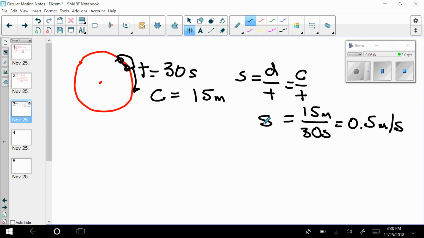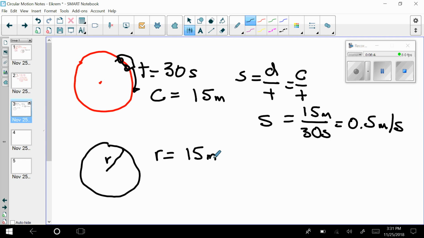Okay. Now, if you know, for example, the radius, I'll give you a second example here. We have a car, and we're going to have that car go around a circle with a radius equal to 15 meters.